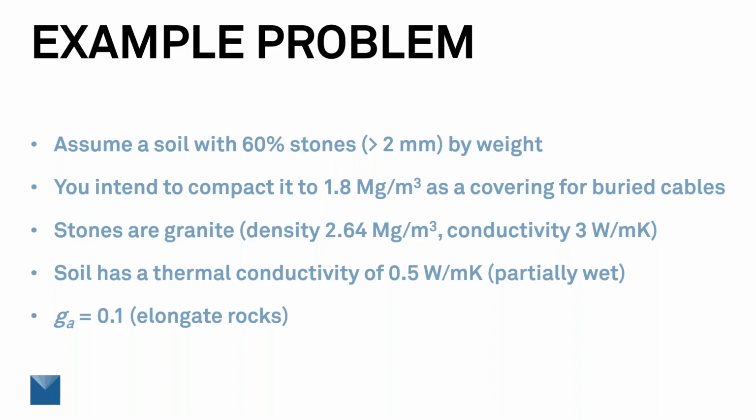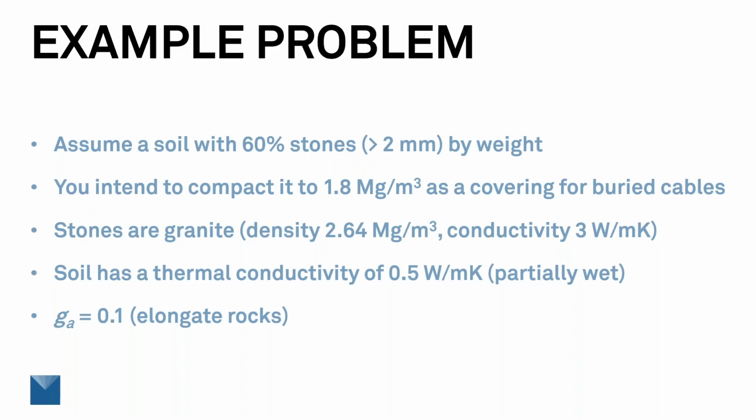The start of this seminar will separate the soil material into that less than 2 millimeters diameter and call that the soil, and greater than 2 millimeters, we'll call that the rock, or the stones. And let's assume that we did this measurement and we determined that 60% of the mass of the sample was stones.